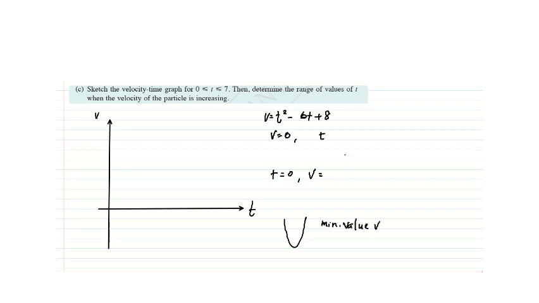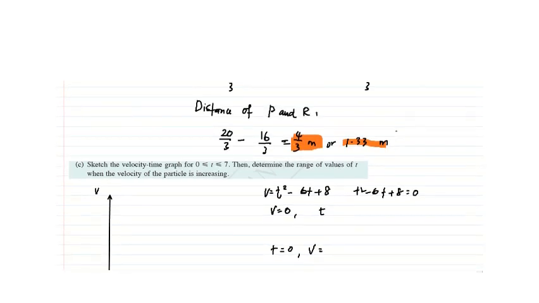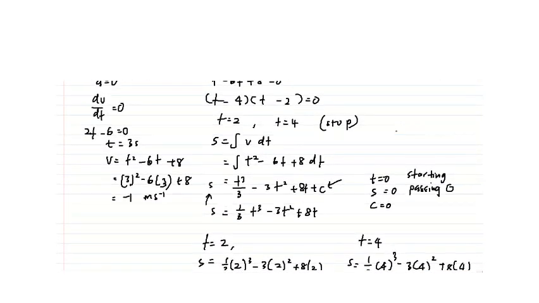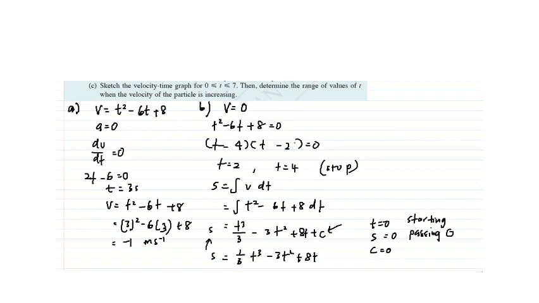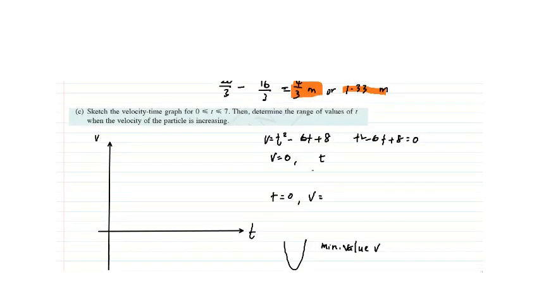The first is when v equal to 0, what is the value of t? It is t square minus 6t plus 8 equal to 0, that we already got just now. From this factorization, t equal to 2 and t equal to 4.